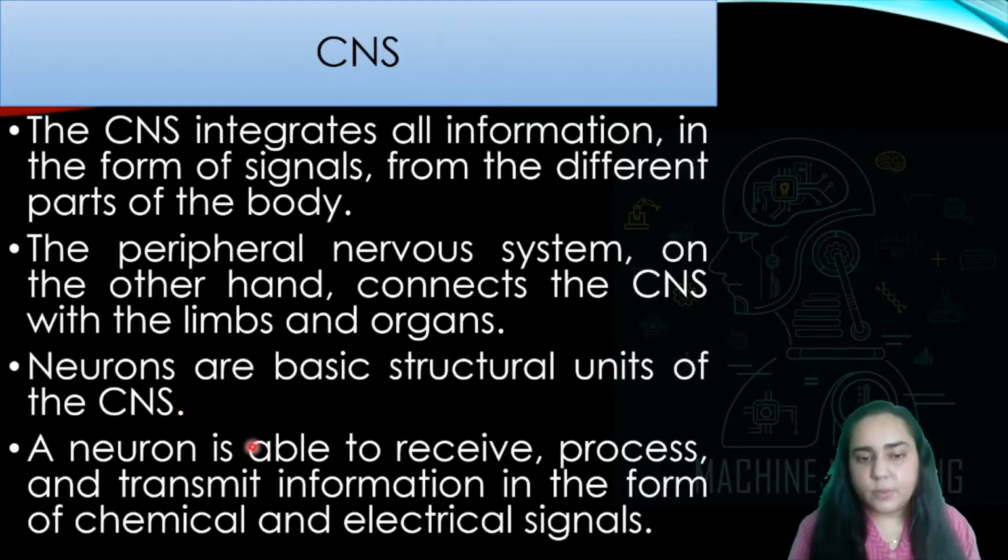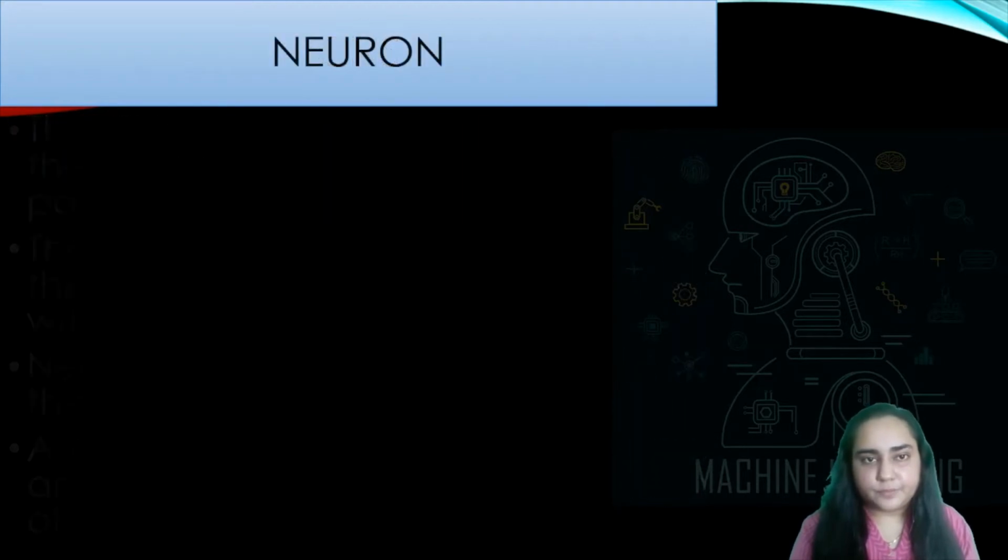A neuron is something that is able to receive, process, and transmit information in the form of chemical and electrical signals. So, yes, there is a lot of chemistry and electricity going on within our body in the central nervous system, because that's where the neuron comes in. The neuron can receive all these chemical and electrical signals, it can also process these signals, and it can use these signals to transmit this information.